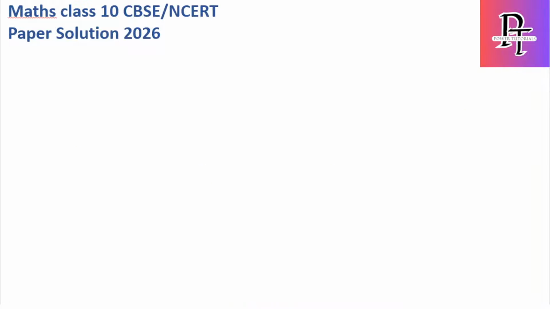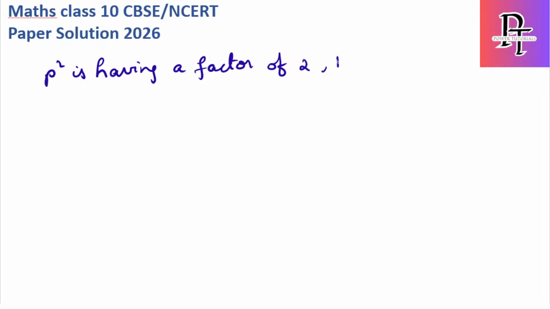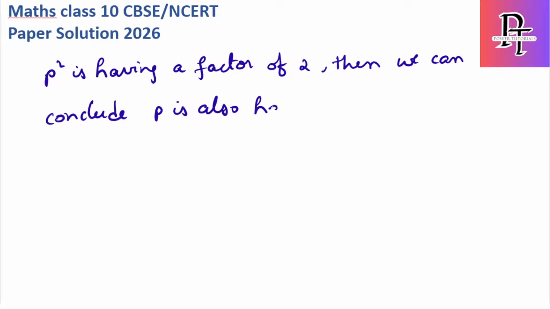Now this is saying that p square has a factor of 2. If p square has a factor of 2, then we can conclude p also has a factor of 2.